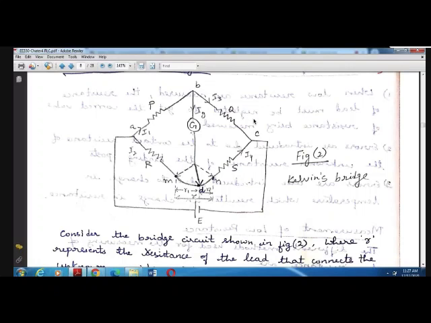Either I was getting a high resistance value or a low resistance value. So instead of connecting the galvanometer to these two points, I connected it to the center point. Let us assume D is the middle point in between.